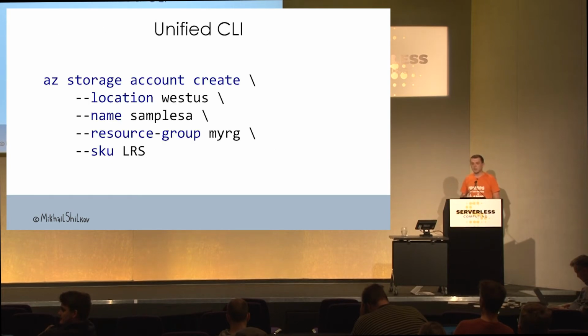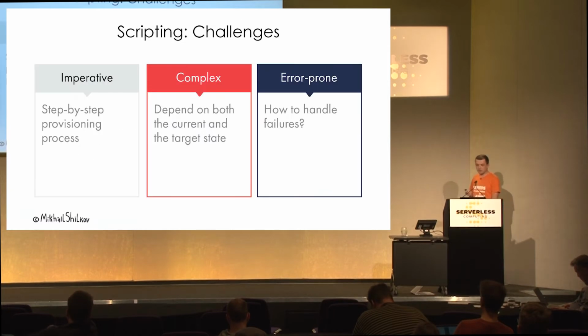And also there are CLIs, so command line interfaces, tools that build on top of those APIs and provide you automation capabilities. So that's one style of infrastructure as code. You can just write bash scripts or PowerShell scripts that call out to CLIs and then create resources one by one. This works, but it has some challenges.